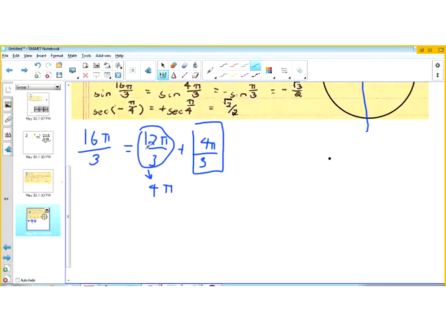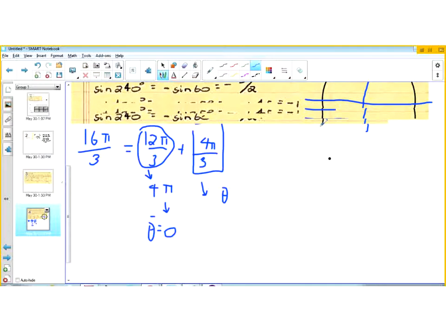Theta bar for this is equal to 0, and so all we need to do is find the reference angle for 4 pi over 3.